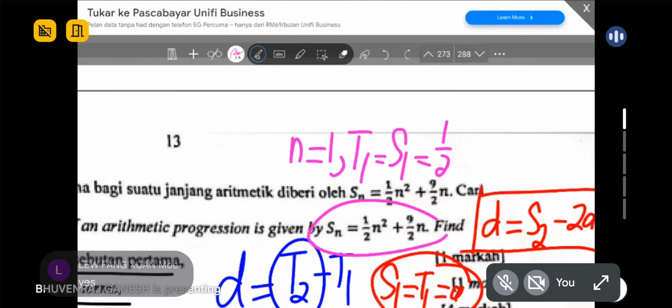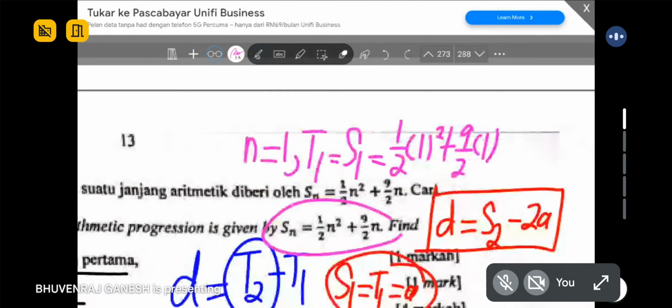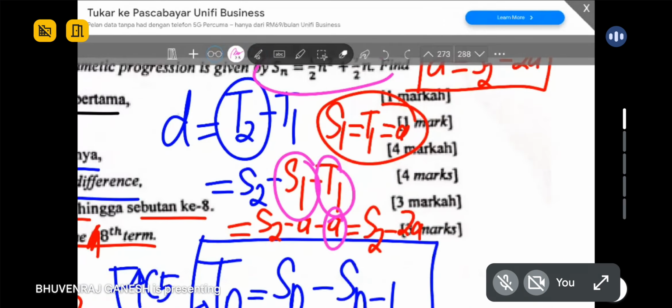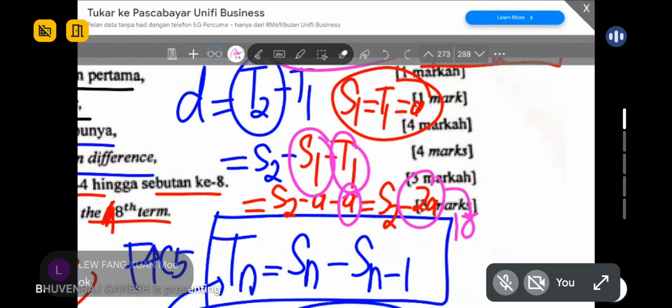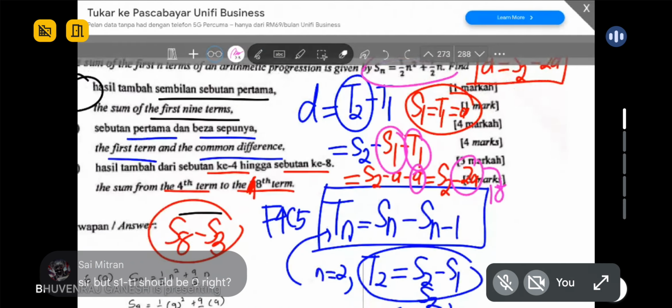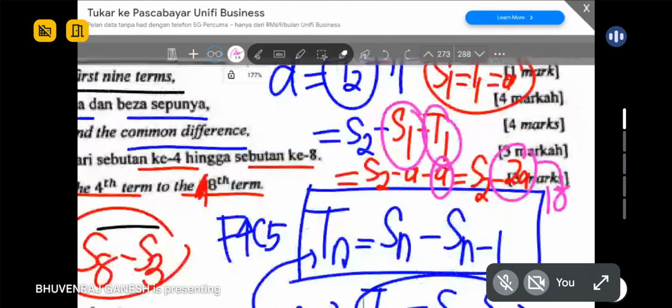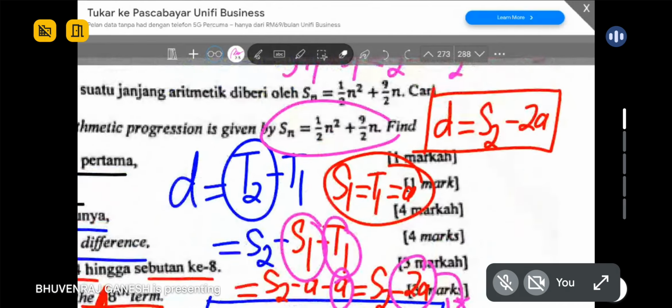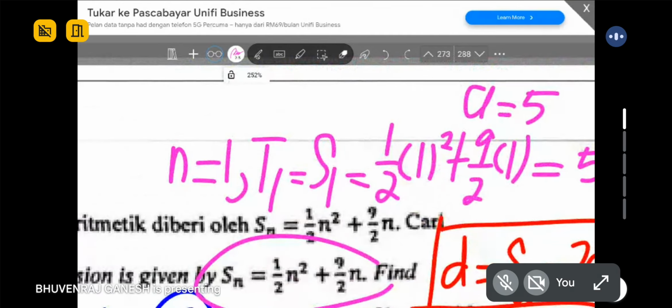So the answer here is 5. So the first term, A value, is 5. So that's why 2A is equal to 10. So it's not 0, guys. Tak sama dengan kosong. Understand? You must see the question carefully. No, it won't be 0, guys, because your first term is not 0. You see over here, your first term A is 5. Okay?